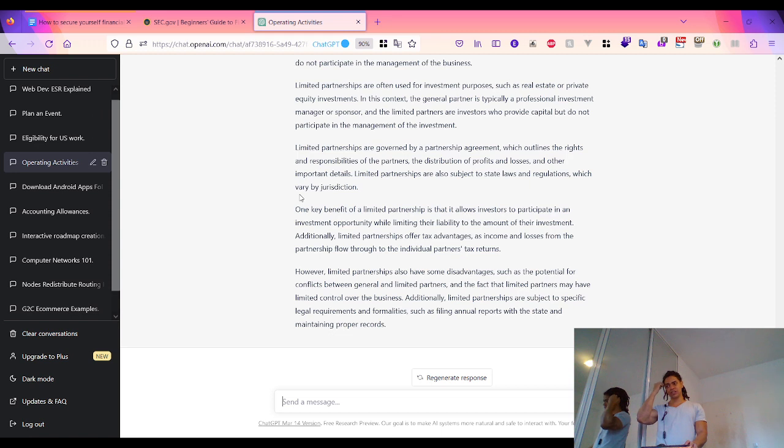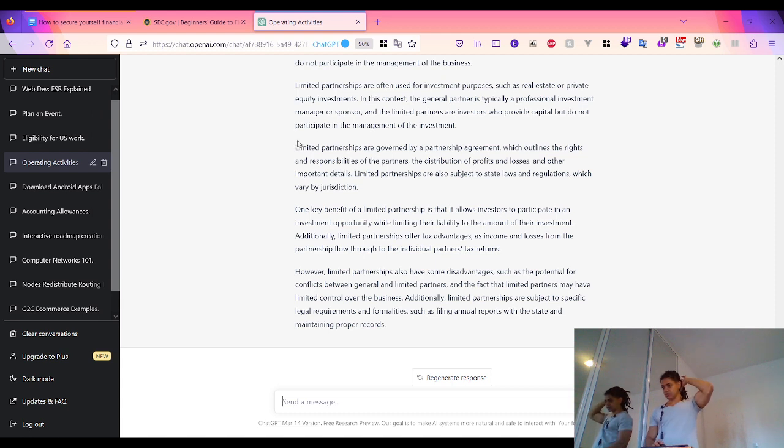A general partner is typically a professional investment manager or sponsor, and the limited partners are investors who provide capital but do not participate in the management of the investment. Limited partnerships are governed by a partnership agreement which outlines the rights and responsibilities of the partners, the distribution of profits and losses, and other important details.